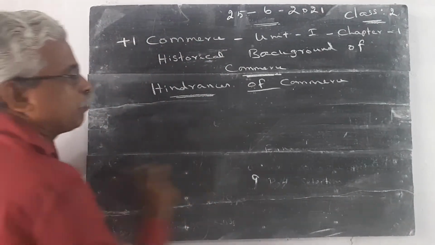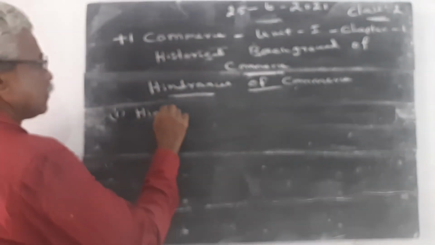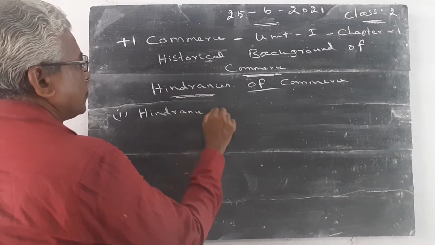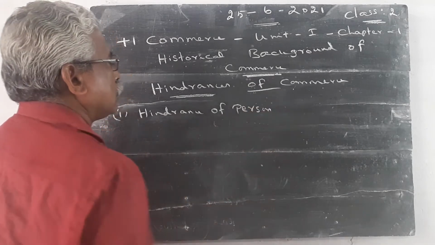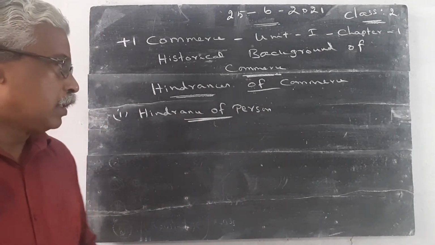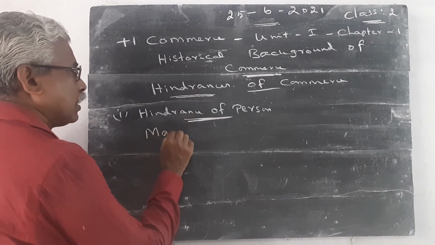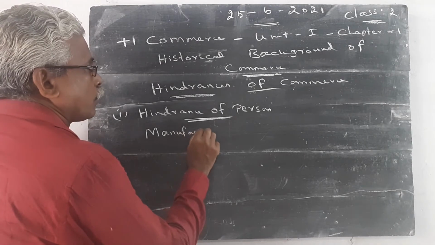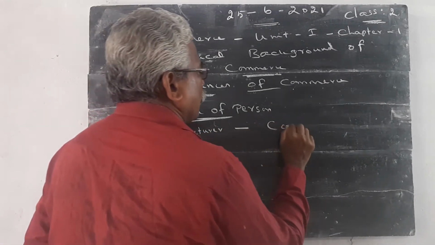The first 5 points. Point number 1, hindrance of person. As I already told you, there are the manufacturer and the consumer.